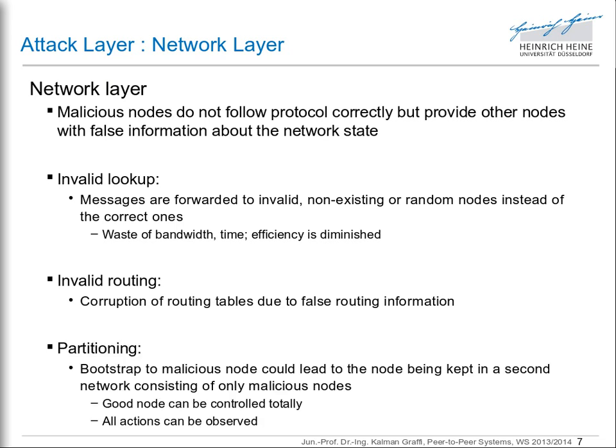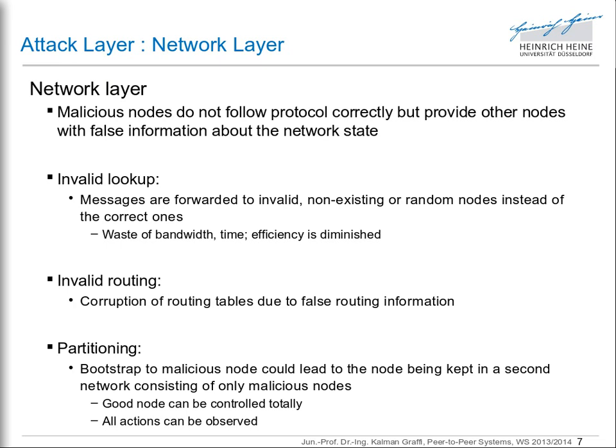And then we have the attack type of partitioning. This is the king class of malicious nodes' objectives. Here the bootstrap to a malicious node could lead to the node being kept in a second network consisting of only malicious nodes.